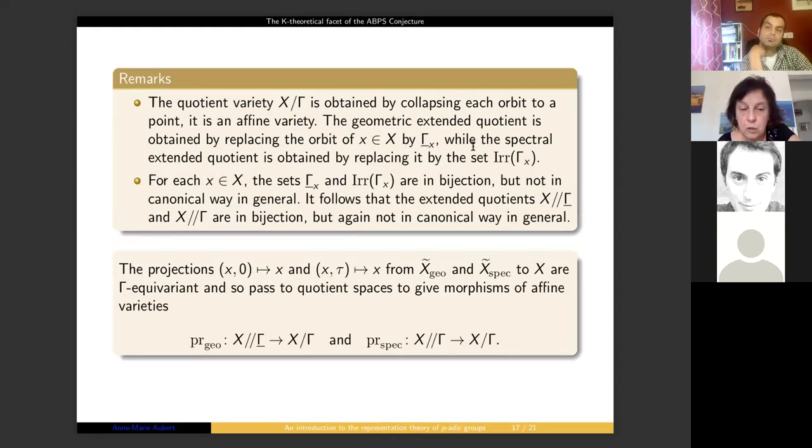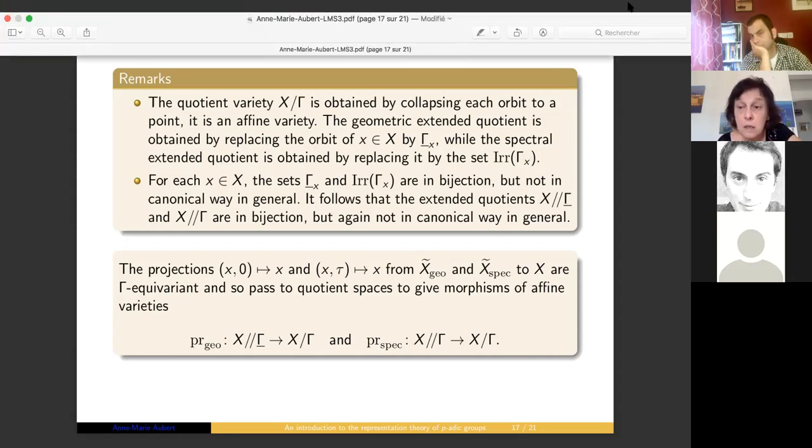The spectral quotient is similar, but in that case you replace the orbit of x by the set of irreducible representations of the isotropy group Γ_x.